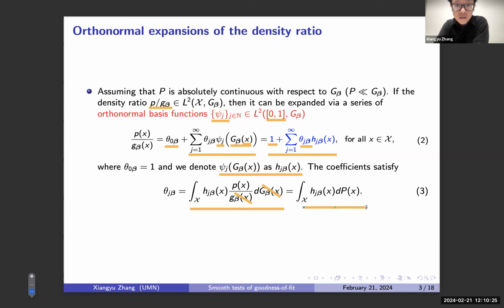Of course, since P is what we are trying to test, it is unknown, so indeed this theta_j beta is unknown. But if we collect data about your distribution P or your random variable X, you can replace this P of X with some empirical distribution function P_n of X, so that you have an estimate of this parameter theta_j beta. We will see this in a minute, but that's the idea.